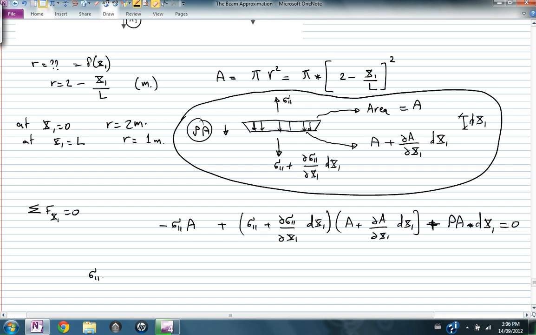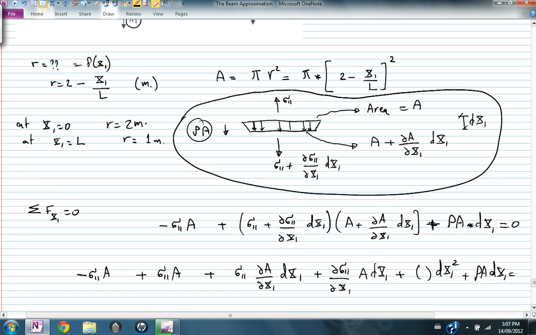Negative sigma on 1 A plus sigma on 1 A plus sigma on 1 partial A by partial x1 dx1 plus partial sigma on 1 by partial x1 A dx1 plus something multiplied by dx1 squared plus rho A dx1 equals 0.